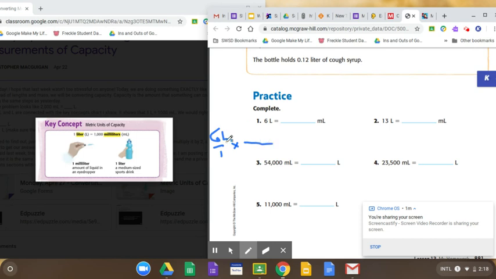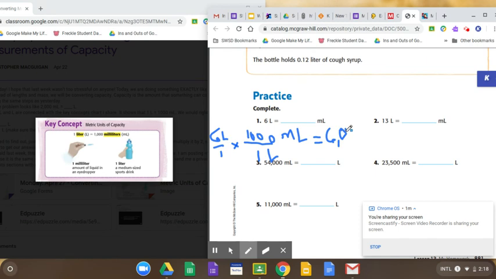So because liters is here, liters goes down here. 1 liter goes over top of 1,000 milliliters. Then we have 6 times 1,000 equals 6,000 milliliters. So that's how you would do that problem.